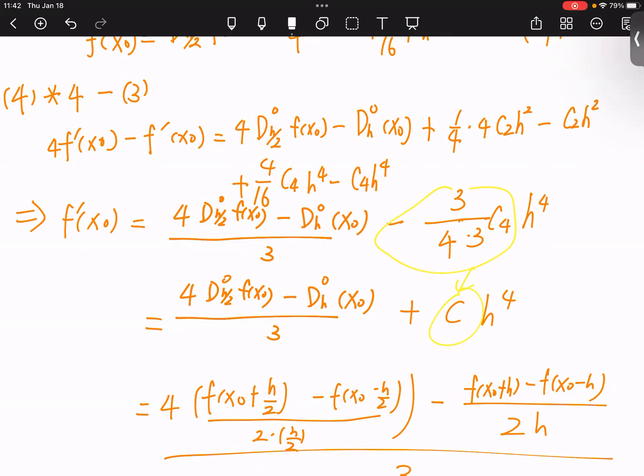I believe I missed a coefficient there, but I could not figure it out at that moment.